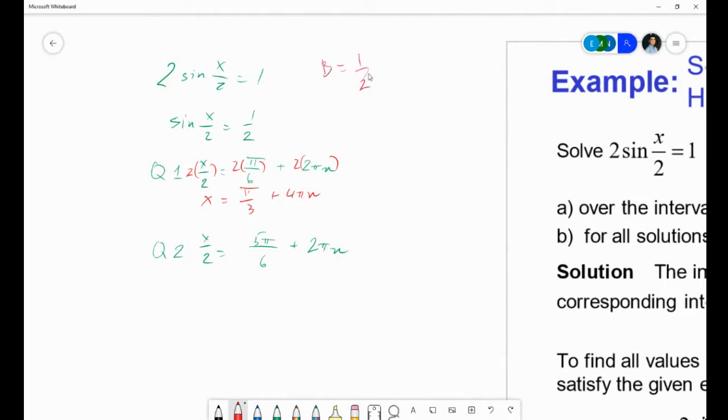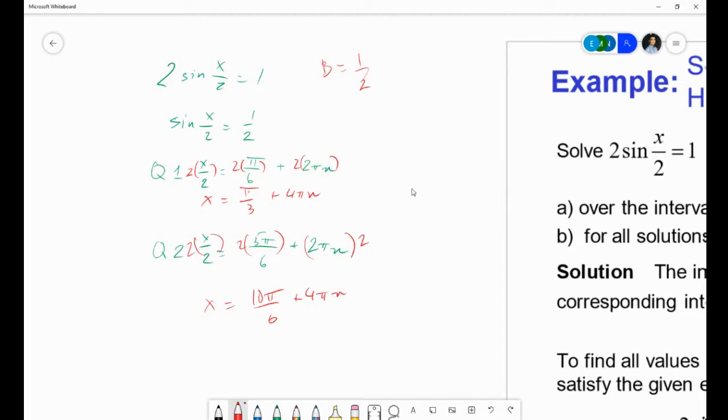So that means we're going to have half as many answers as we would originally. Same thing over here. We're going to multiply by 2. 10 pi over 6 plus 4 pi n.